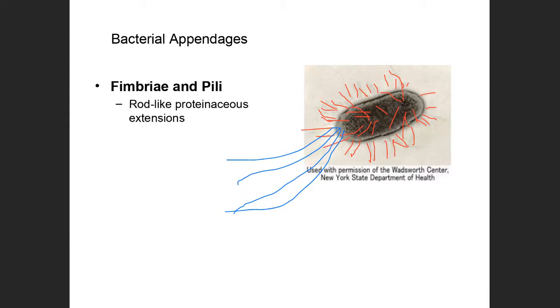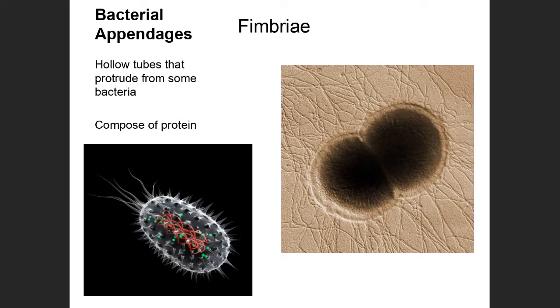We talked about the slime layer and how it provided an advantage in a competitive environment because it allowed for the formation of biofilm and allowed them to stick to surfaces and to each other. These are even more important because the bacteria that are fimbriated, that have fimbriae, can attach to our cells and our tissues.